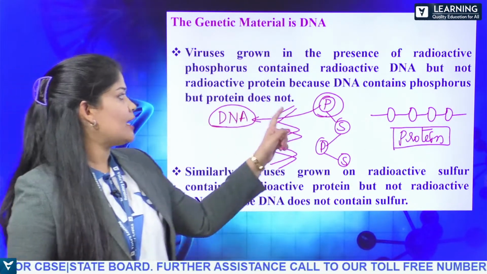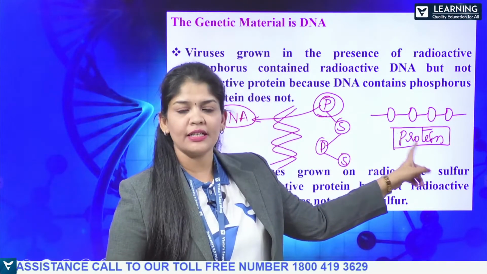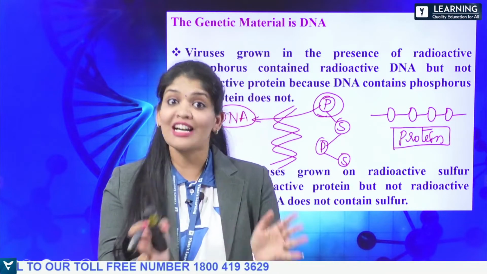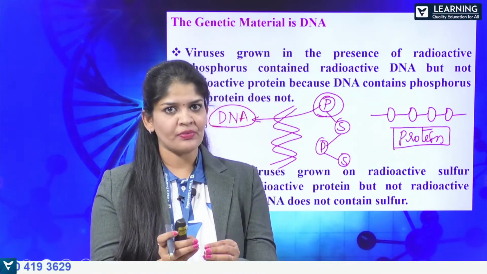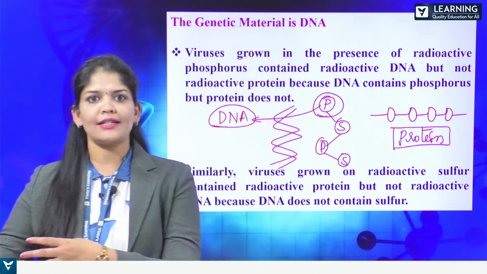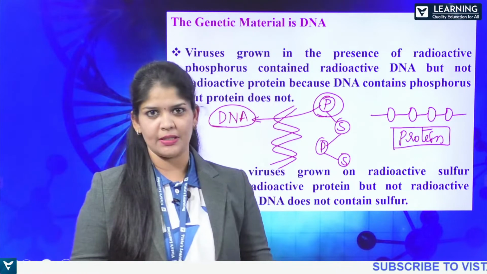Here, the radioactive phosphorus cannot radiolabel protein because in the protein we don't find phosphorus. In the same way, the radioactive sulfur will not attach to the DNA because throughout the structure of the DNA we don't find sulfur, right?